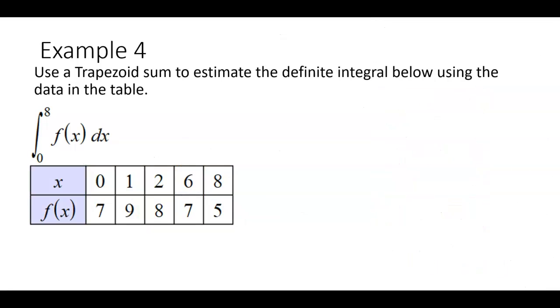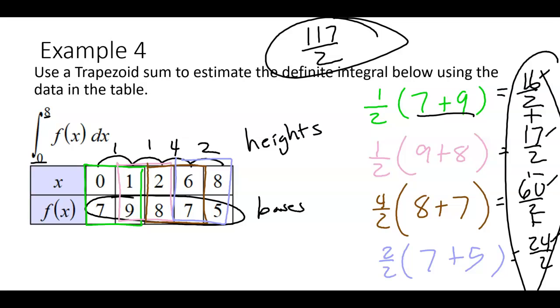Mr. Bailey. Hi. Wouldn't the last one be like just 7 plus 5 is 2 over 2? Yeah, so you can, but I didn't want to simplify them. What I did was I just did this times the top number and wrote it like that.